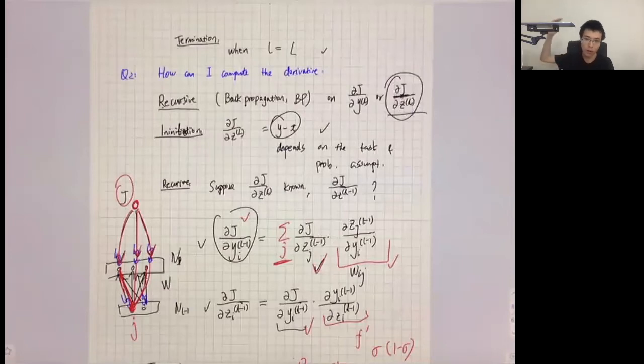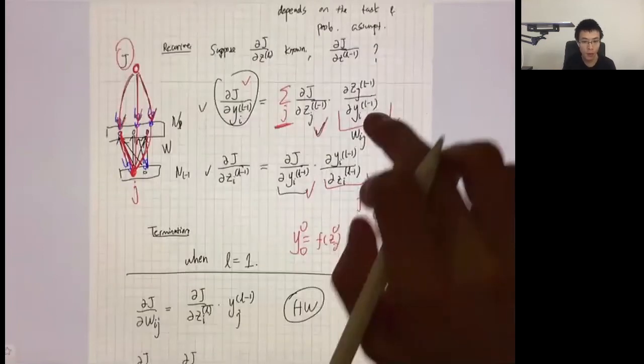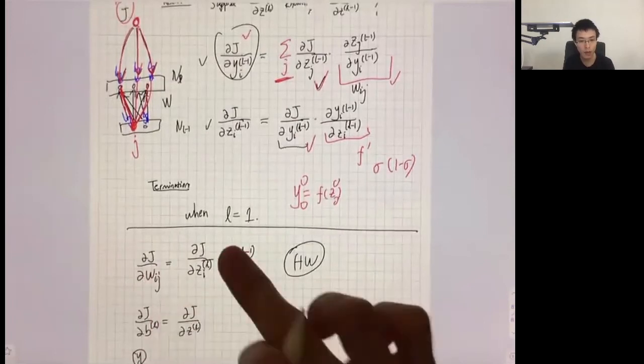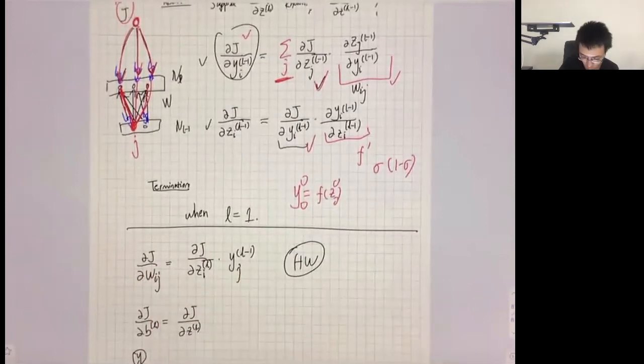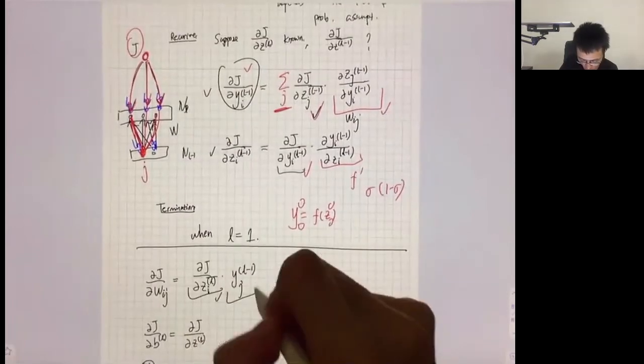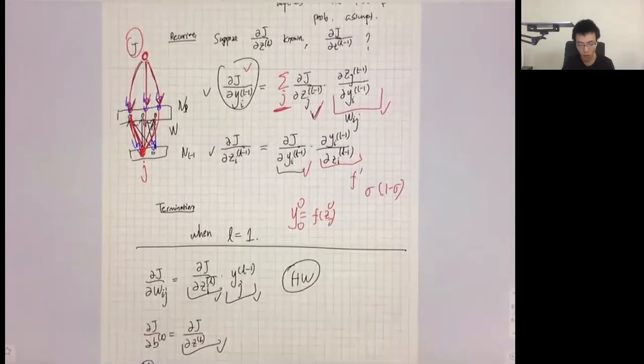You do it from the highest layer to the lower layer, then you get the partial derivative of J with respect to Z. Then you can compute the partial derivative of J with respect to W and B very easily. This is known and this is also known. So every term is known, and all the things can be computed very easily.